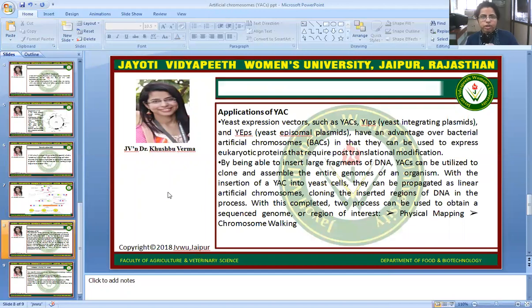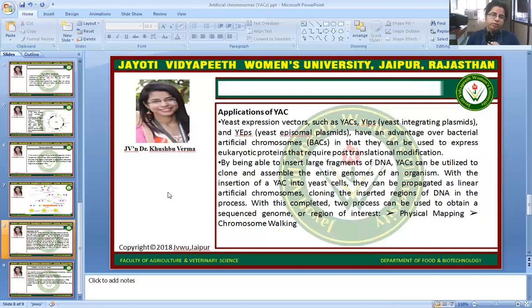Now we come to the applications of YAC. YACs have an advantage over bacterial artificial chromosomes in that they can be used to express eukaryotic proteins that require post-translational modifications. By being able to insert large fragments of DNA, YAC can be utilized to clone and assemble the entire genomes of an organism.